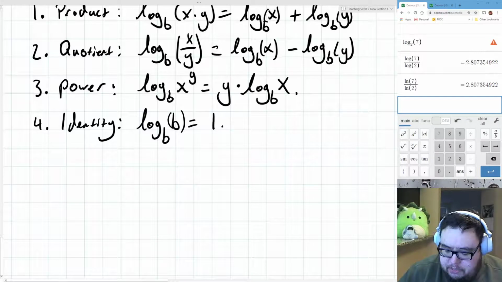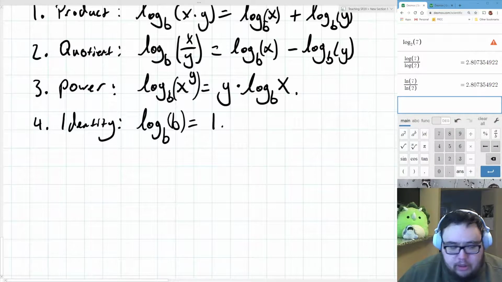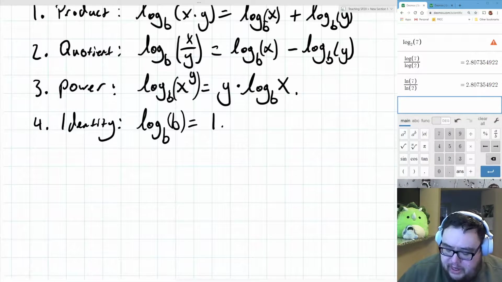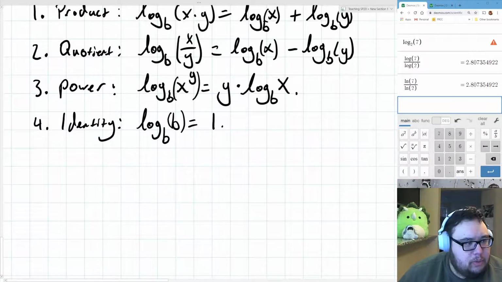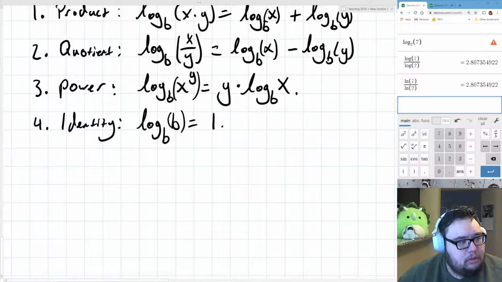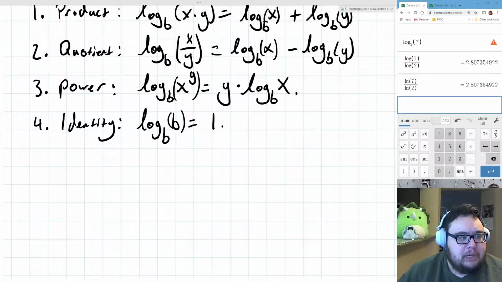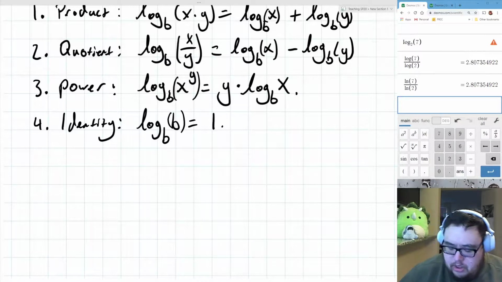I'm taking log base b of something, then what power do I have to raise b to get that something? What power do I have to raise b to get itself? Well, if you do b to the power of 1, you get b. So your logarithm base b of b is 1.